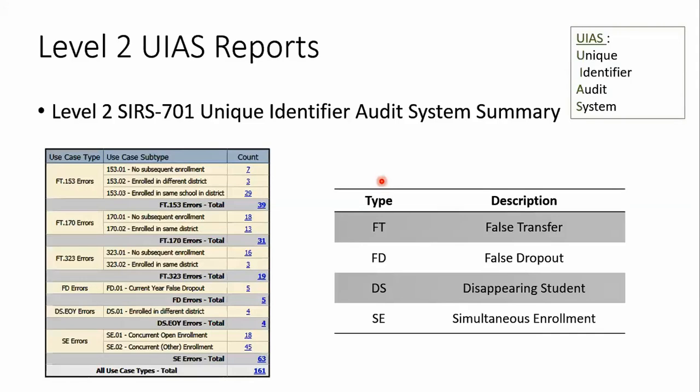So you'll notice here also that the counts are hyperlinks, so you can drill down to get detailed information. You can do that based on just one use case type or one particular subtype, or you can go for broke and click on the number in this total row to get all of them put into one report.